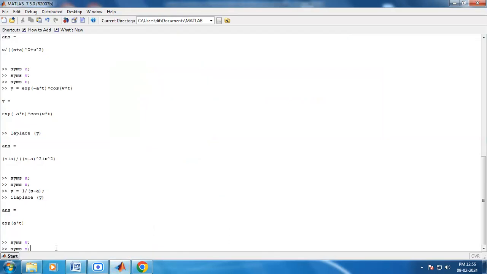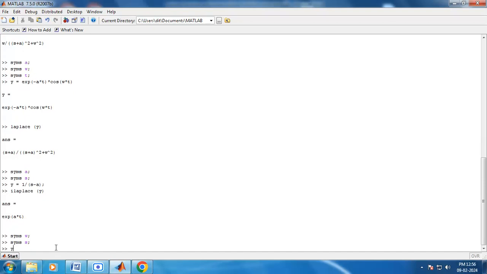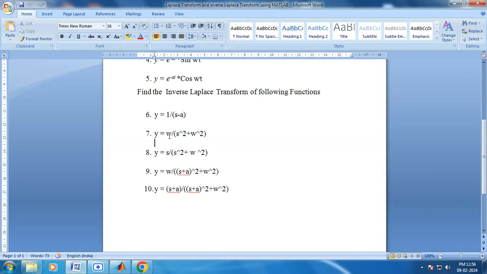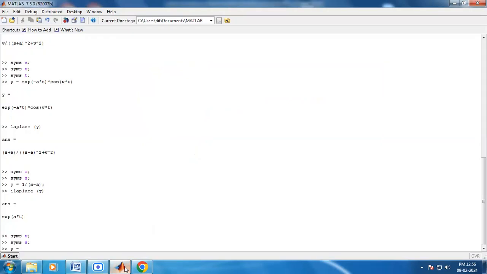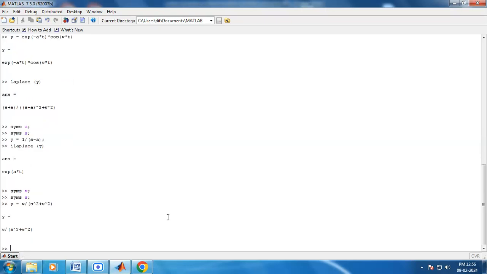What was the function? y equal to, control C, so this was the function. We have not put the semicolon, so it is showing the result. When we are not expecting the result, we should put the semicolon.